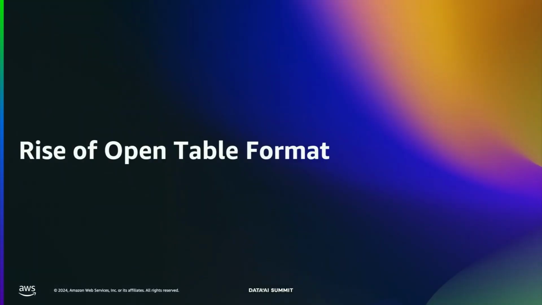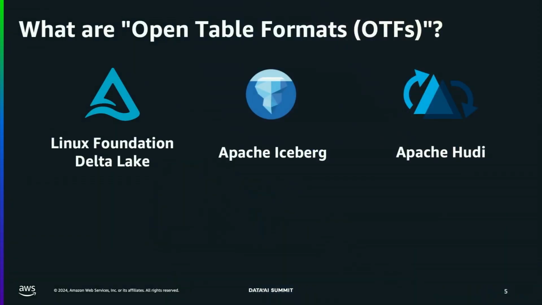Okay, let's begin with what the open table format is. These days, open table formats such as Delta Lake, Iceberg, and Hudi are widely used by many customers for their new capabilities to handle more complex data foundation needs.